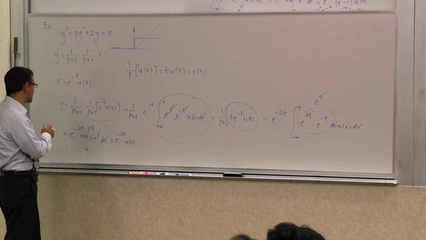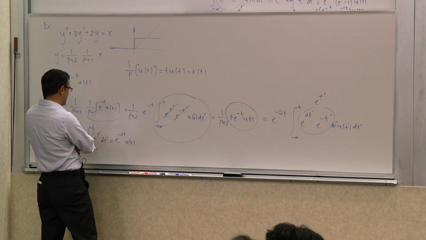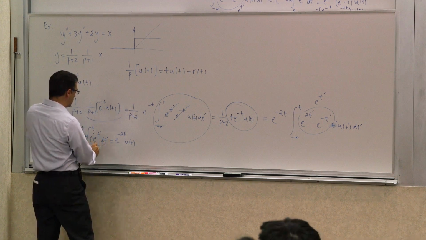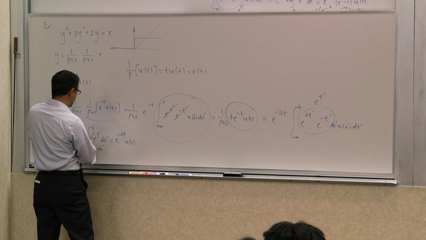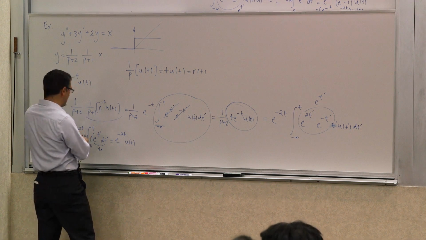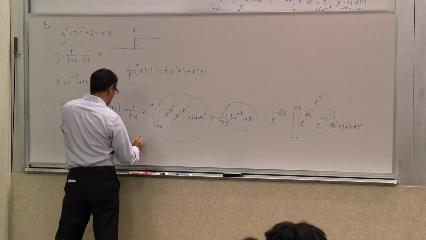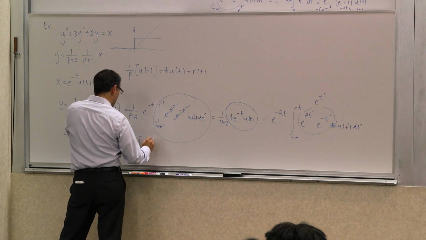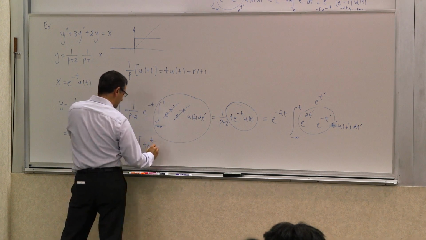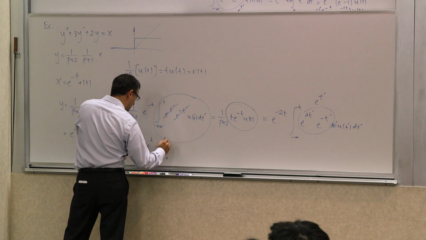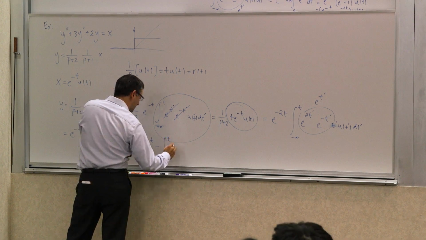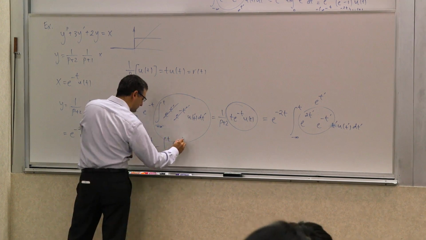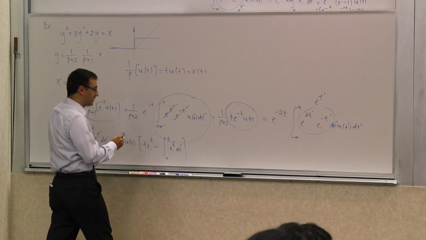By parts, right? So basically, okay, this is u, this is dv. So I get uv minus integral of v du. In this case, it becomes t e to the t minus the integral from 0 to t of e to the t dt, which is what?